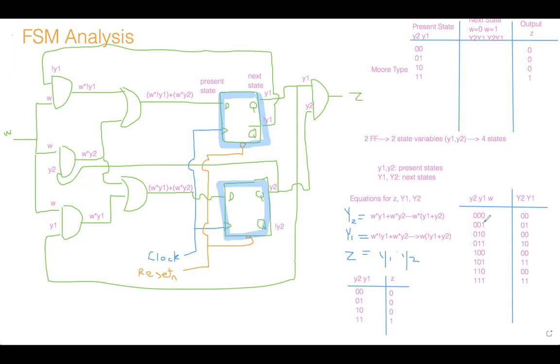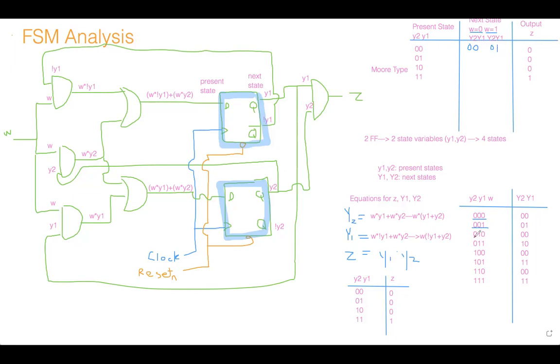And what I have here is, see how there's 0, 0, 0, 0, that matches up with 0, 0, and then our W was 0. And so then my Y2 and Y1 were both 0, 0. So here I can put 0, 0 for that. Here it was 0, 0, and then when my W is 1, looking here, 0, 0, my W is 1, that was 0, 1. And so here I can write 0, 1.